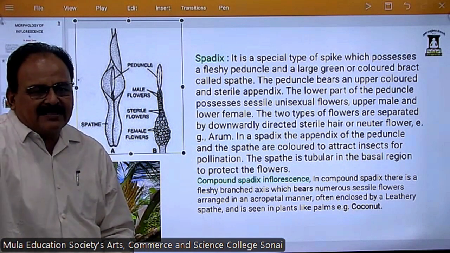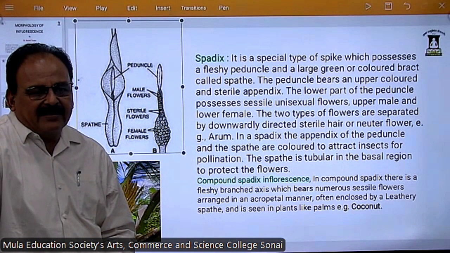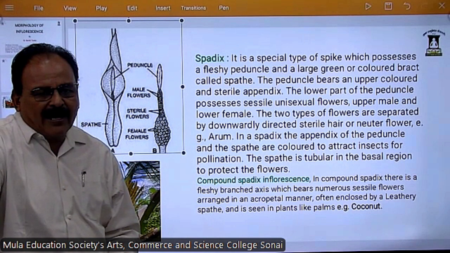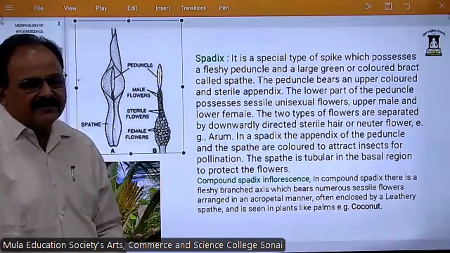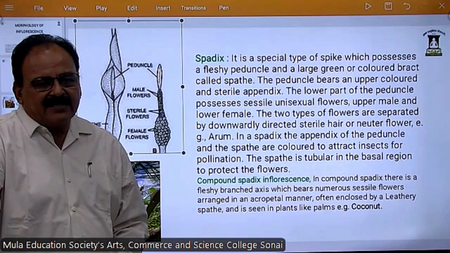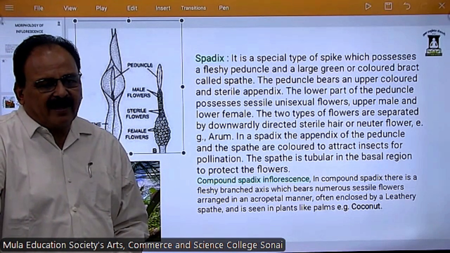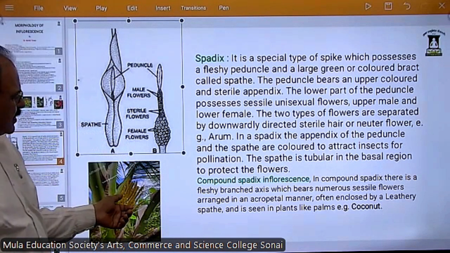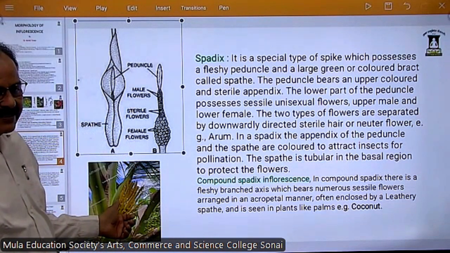In spadix, the appendix of the peduncle and the spathe are colored to attract insects for pollination. The spathe is tubular in the basal region to protect the flowers. Then see, this is a compound spadix.